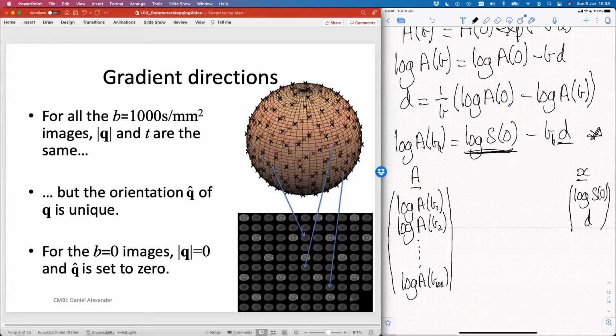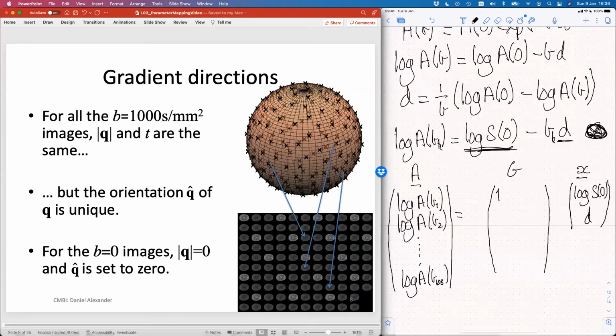So now to complete this equation, we just need a design matrix G, which relates our unknown parameters to the measurements that we've made. And it's fairly clear from this equation here that the coefficient of log S0 is simply 1. So the first column of our design matrix G just contains 1s.